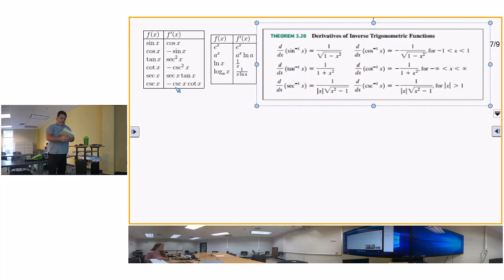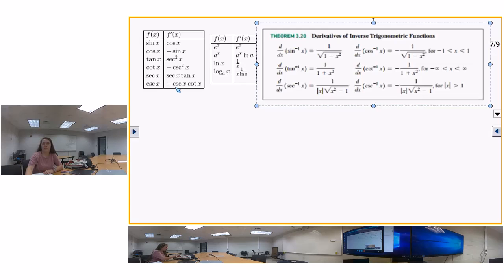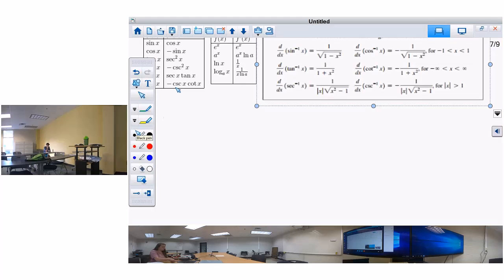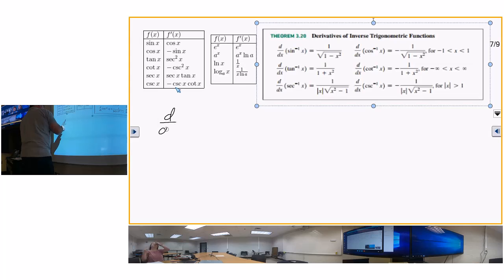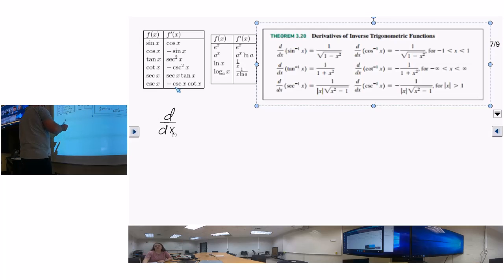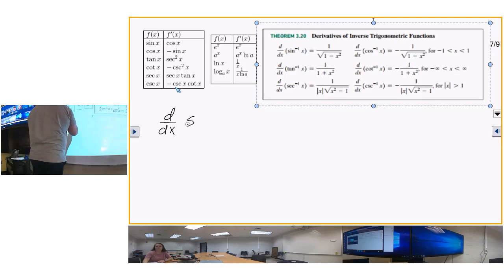All right, so the first problem is d/dx. Find the derivative of the inverse sine of the natural log of x.